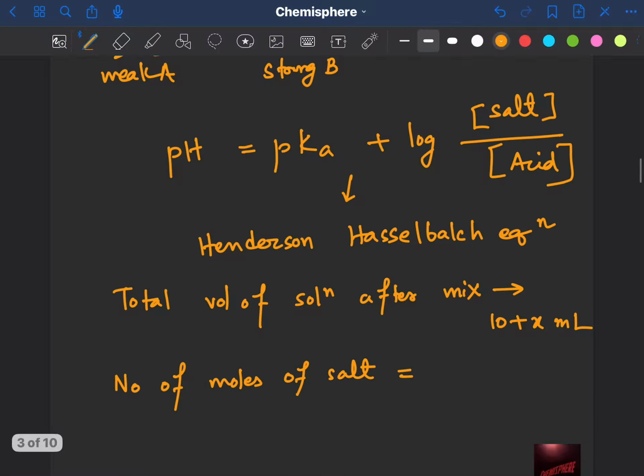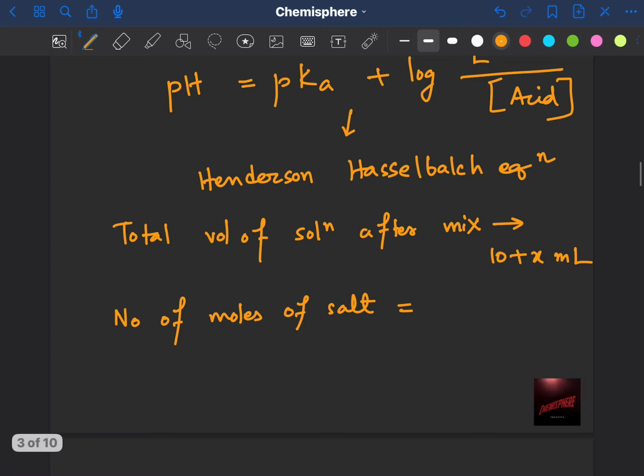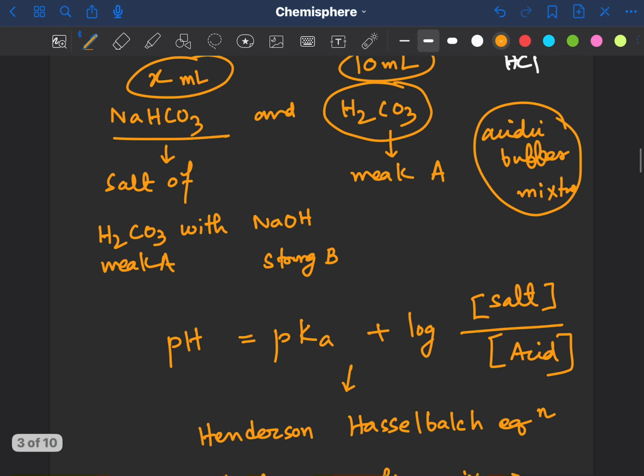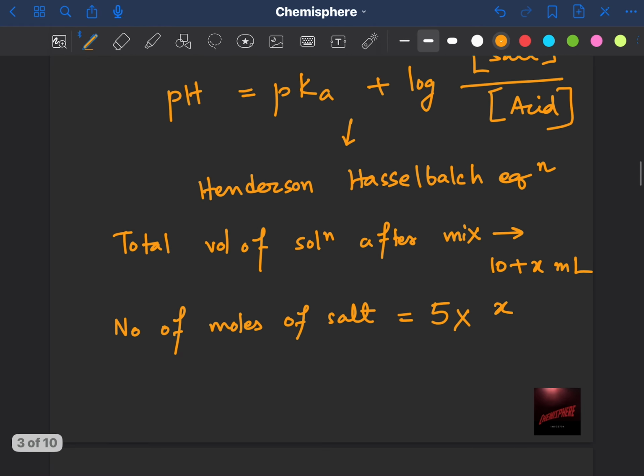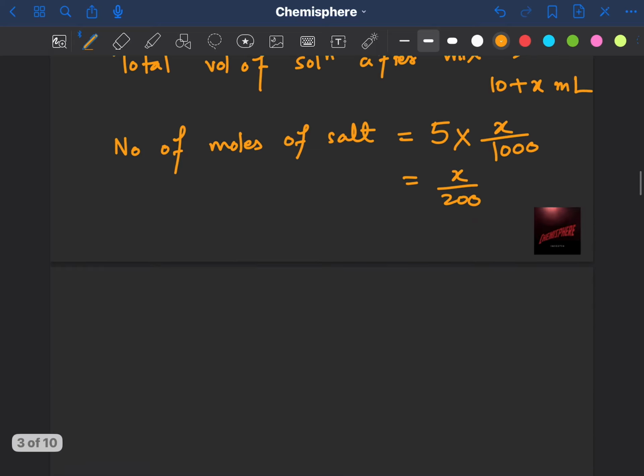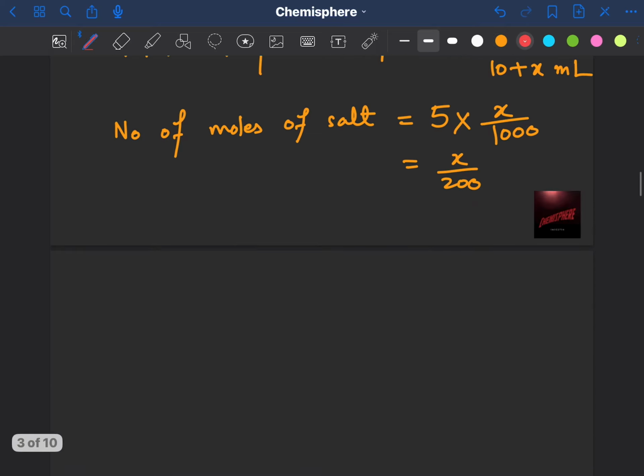The molarity of the salt is given as 5 molar, and the volume is X by 1000. So number of moles of salt will be 5 into X by 1000, which is X by 200.